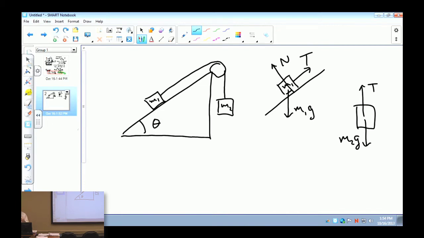Now, some people put friction in, which is fine. It didn't really say whether or not to consider friction. I realized after I graded a couple of them that it doesn't say. So it's fine if you put friction in. But you have to specify whether it's moving or not. The general presumption seemed to be that it was moving up and that there was kinetic friction.